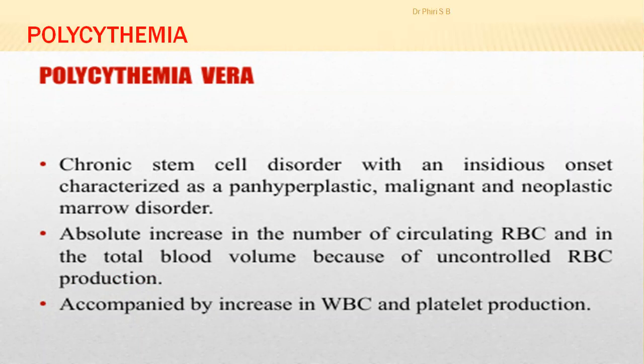So this polycythemia vera is a chronic stem cell disorder with an insidious onset characterized as pan-hyperplastic and malignant neoplastic marrow disorder. So meaning that you have pan-hyperplastic, malignant, neoplastic marrow disorder. It's affecting the bone marrow itself. That's why it's an example of the primary polycythemia.